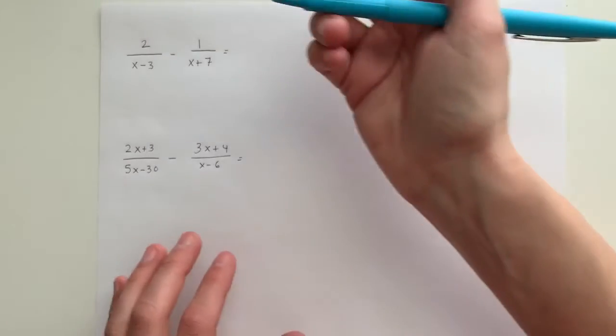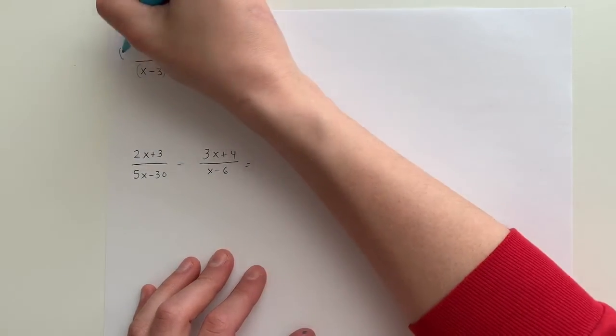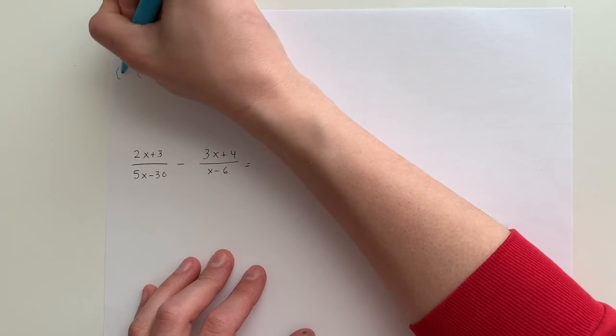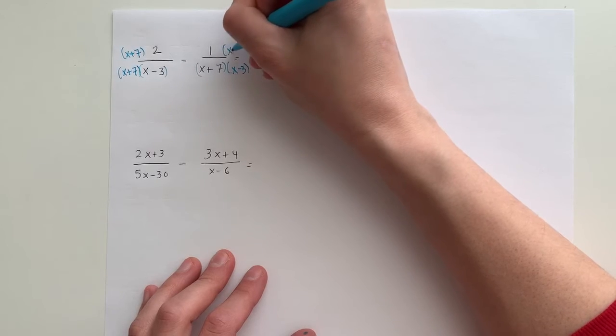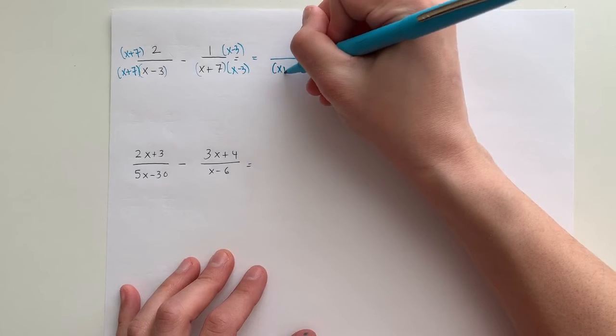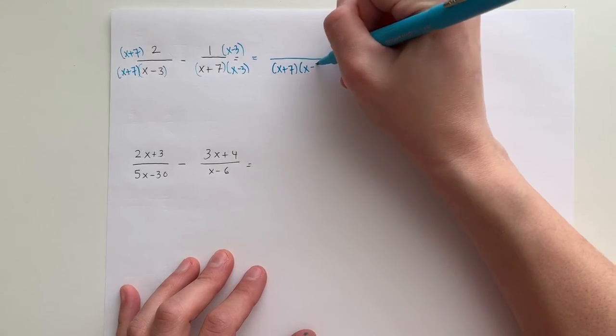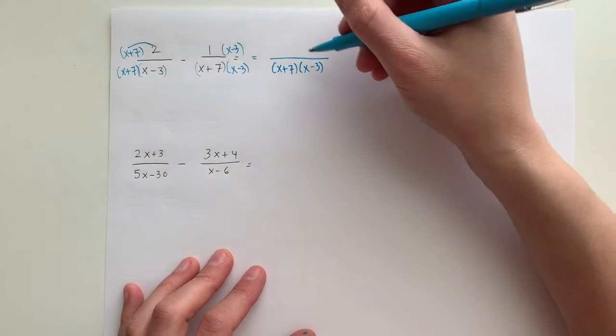All right, next one is very similar. I've got an x plus 7 quantity that I need over here, and I've got an x minus 3 quantity that I need over here. So now I have x plus 7, x minus 3. And let's distribute that 2.